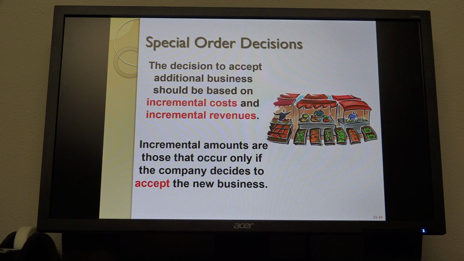Before I start that, note on page 923 that the cash effects differ among the concepts of opportunity costs, sunk costs, and out-of-pocket costs. Sunk costs represent cash flows that have already occurred.